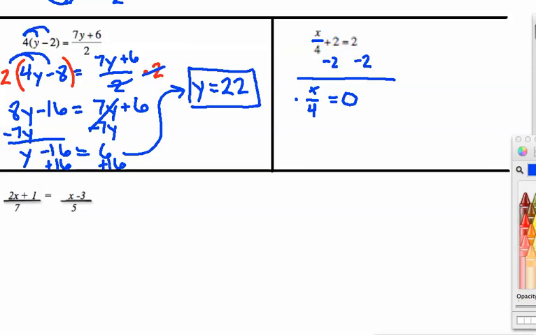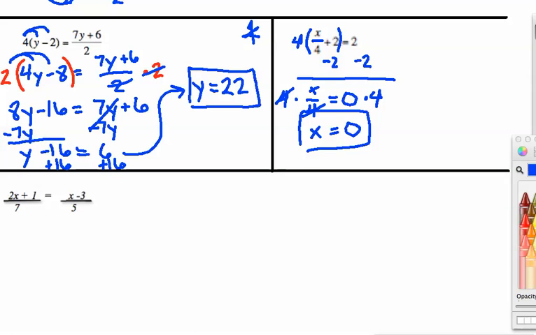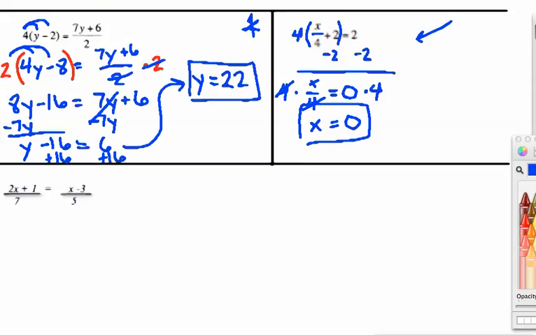And then once we have this fraction by itself, we can multiply by 4. Otherwise, if we multiply by 4 first up here, you'd have to multiply the whole thing by 4 and distribute, and that just gets messy. So here we end up with x equals 0. I just wanted to show you what the differences are between ones like this one over here and the one we just did.